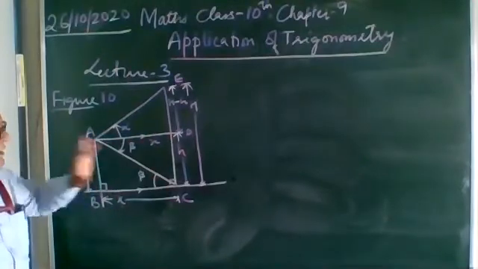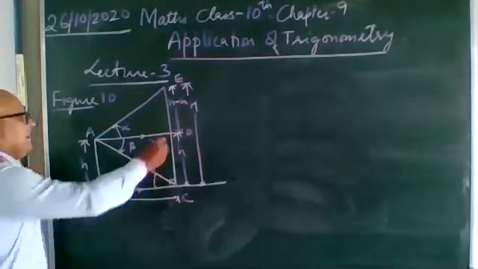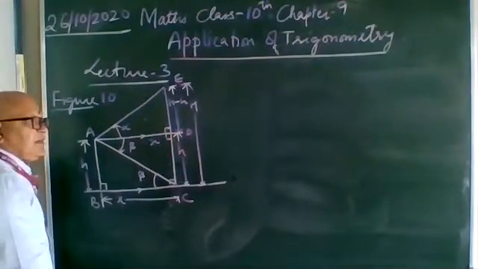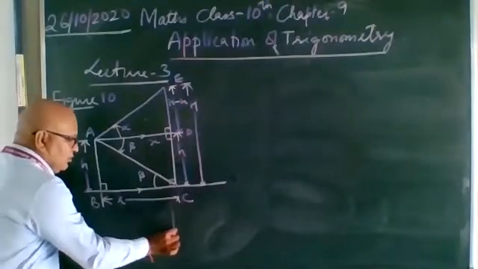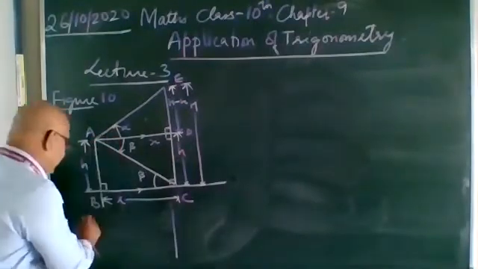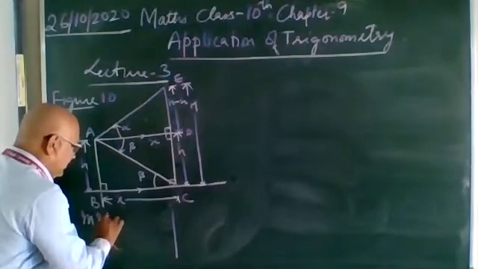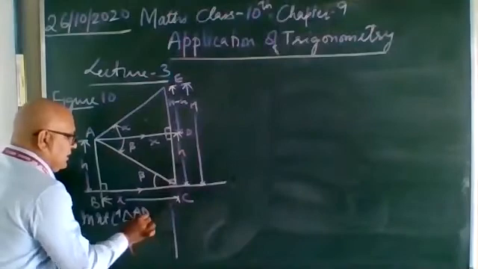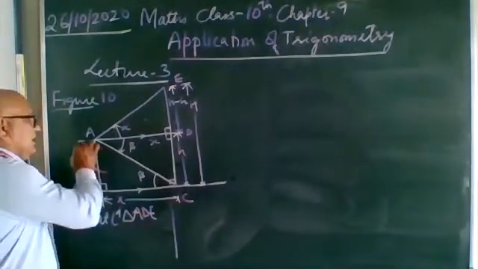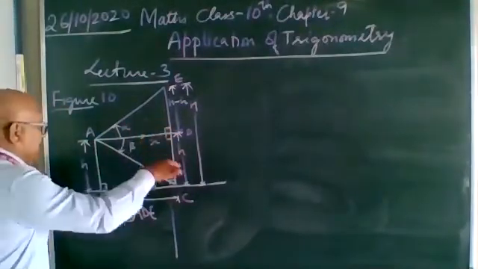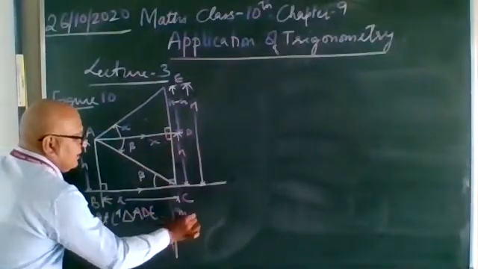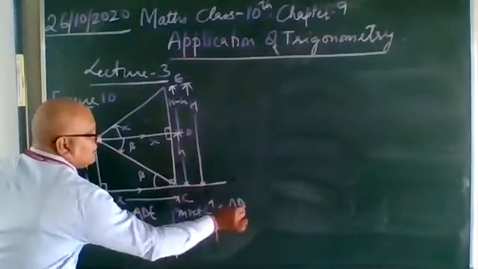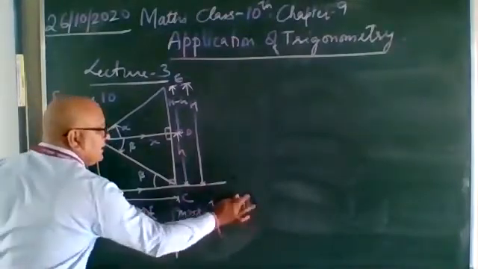So what we are seeing here, that is we have 3 right angle triangles. But to solve, what you will do, you need only 2. You can take in right angle triangle A, D, E. Another is A, D, C or A, B, C in right angle triangle. A, D, C.